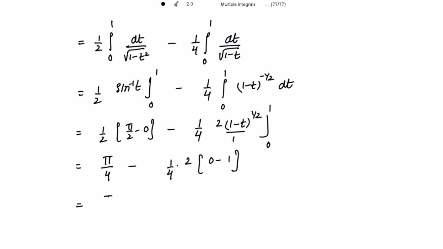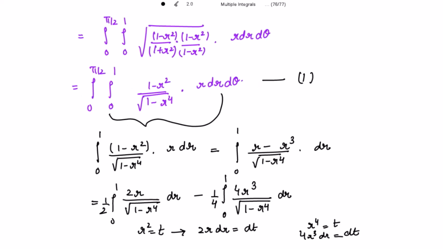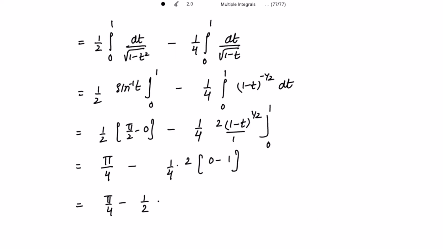So this is pi by 4 minus 1 by 2. Now putting this value of this integral in 1.